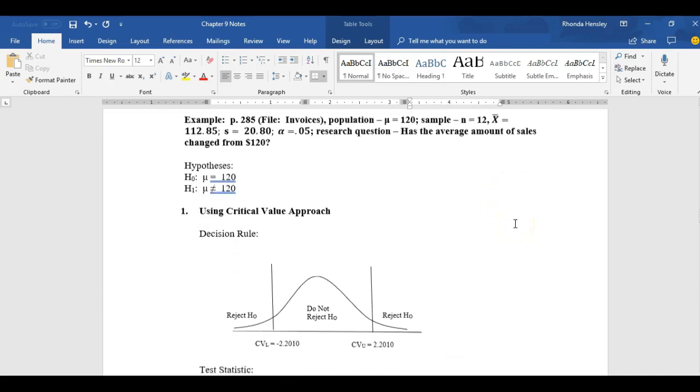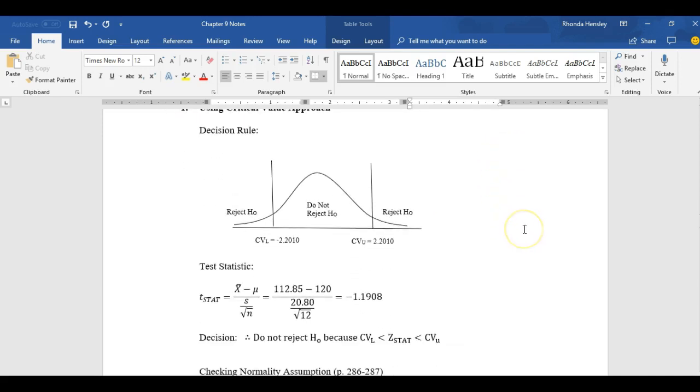Using the critical value approach, your decision rule uses the t-distribution, and the t-distribution is going to have n minus 1 degrees of freedom. You lose one every time you use something else from the sample, so we're using the standard deviation.